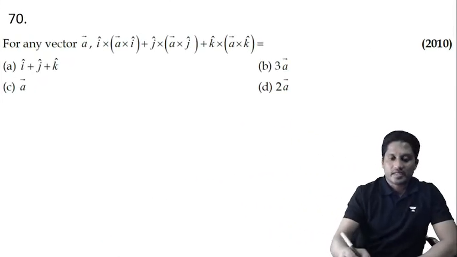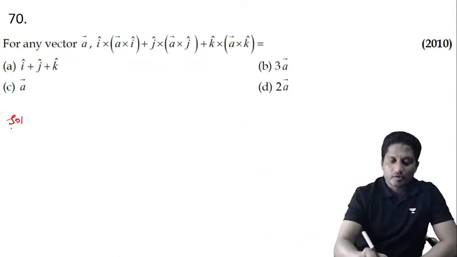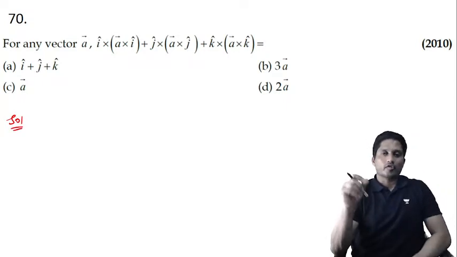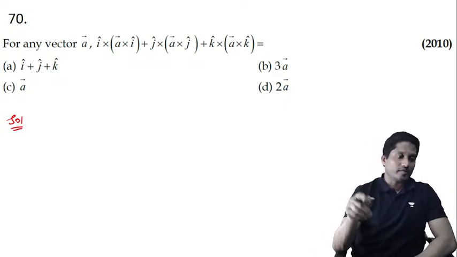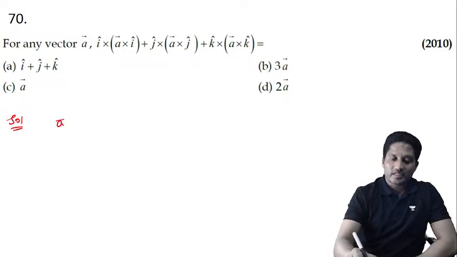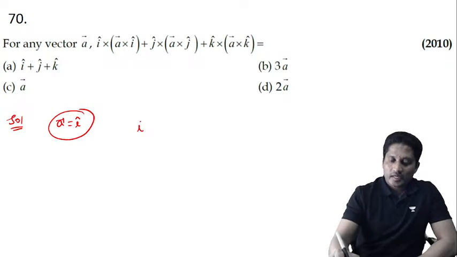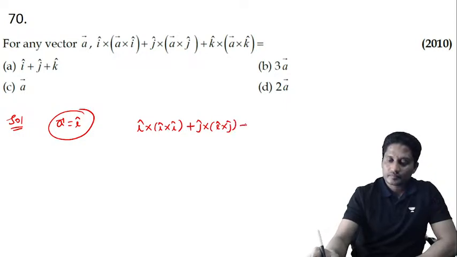Right, question number 70. See, if I want to do this problem, if it is true for A, then it should be true for any value of A. Part 1 and part 2 we have done. I'm going to take vector A is equal to I. This becomes I cross I cross I cross I. This will be equal to J cross with I cross J. Again, this is K cross with I cross K. I cross I is 0.